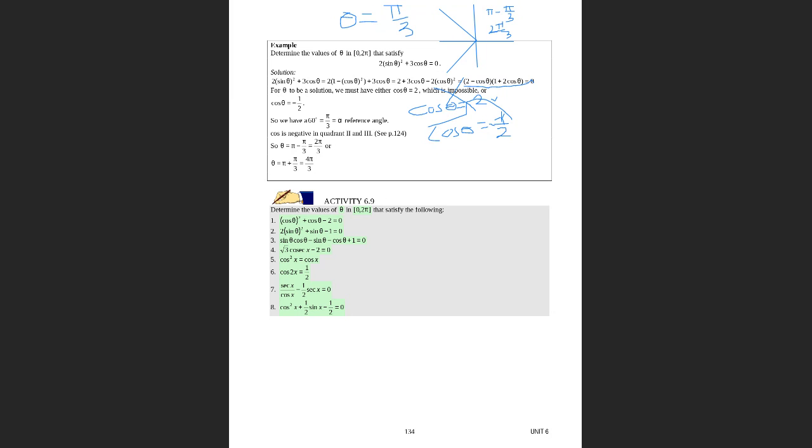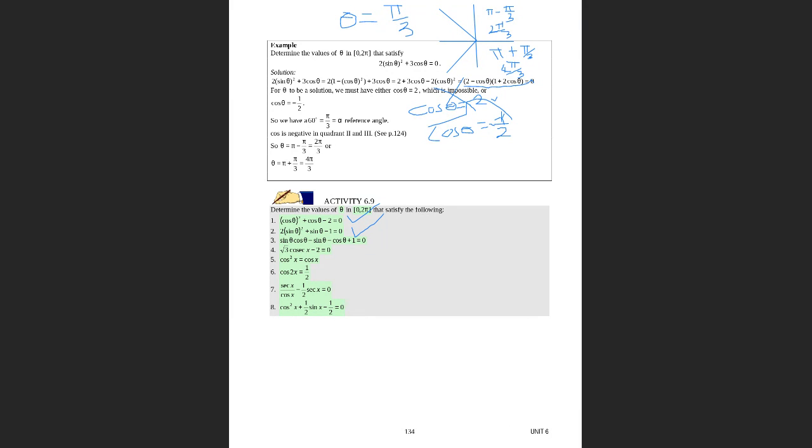And in the third quadrant, it's going to be pi plus pi over 3, and we are going to get 4 pi over 3. So that will be our two answers. With these questions, you should be able to manipulate. This one is straightforward, just factorize.